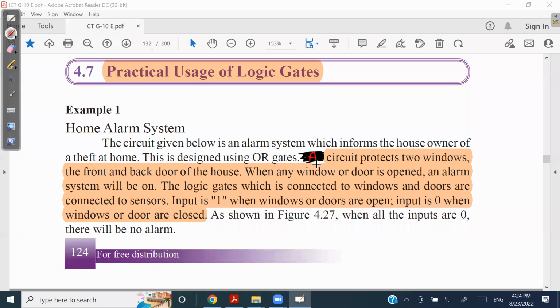A circuit protects two windows, the front and back doors of the house. When any window or door is open, an alarm system will be on. The logic gate, which is connected to the windows and doors, is connected to the sensors. Input is 1 when windows or door are open. Input is 0 when windows or door are closed. So write down that scenario.